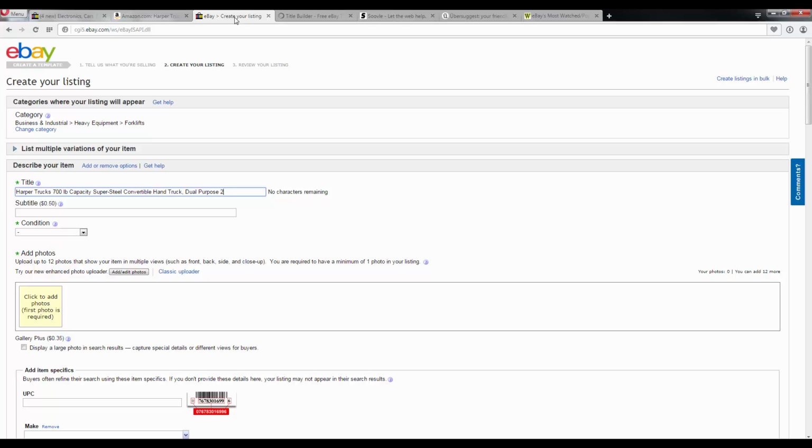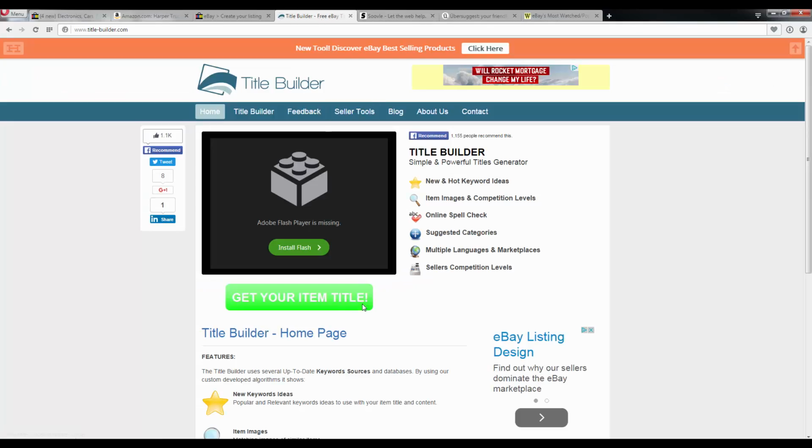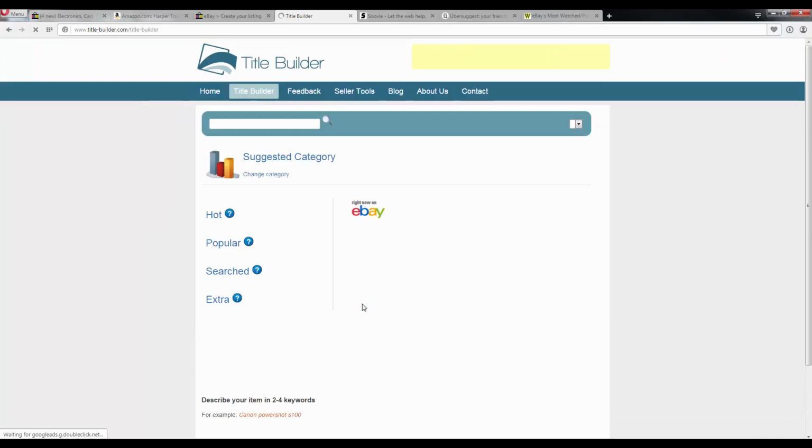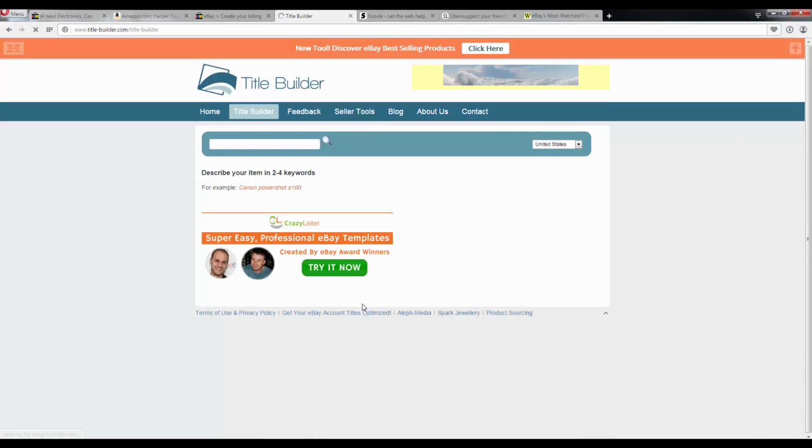So the first tool that I want to go over with you is the title builder. Essentially, the title builder pulls all the data from all the eBay listings, all the eBay searches, and it recommends keywords from all over the website, right? From current listings, past listings that have sold. So let's go ahead and type in hand truck here and see what we come up with.